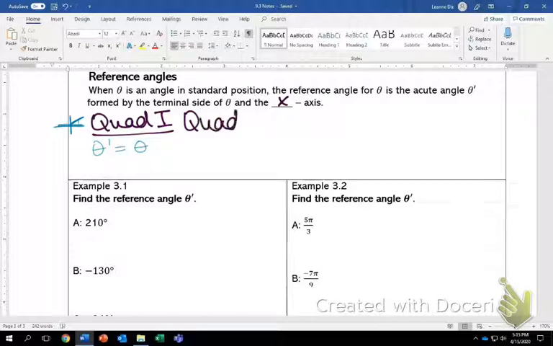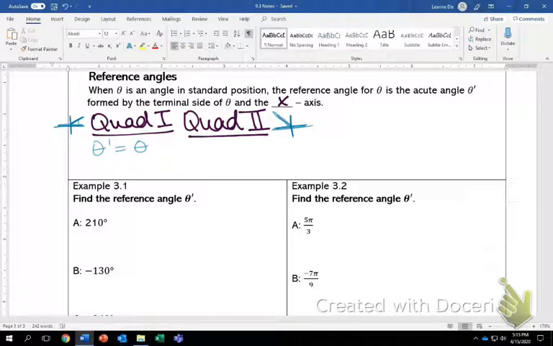So let's say we get in quadrant two. Quadrant two, same idea. We're going to draw the picture. Here's my coordinate plane. There's my reference angle in quadrant two. To get back to the x-axis, this time instead of going back the way it came, I need to continue going, or get closer to the 180 line.